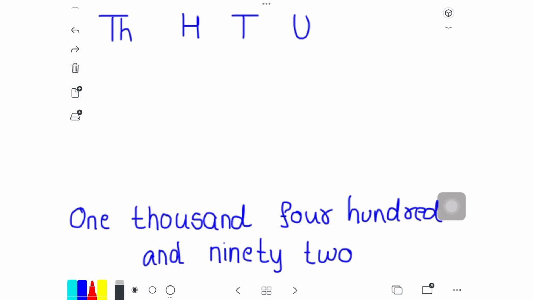From that, we can see that the number starts at the thousands position. So we'll start by writing it out in the thousands position. 1492.